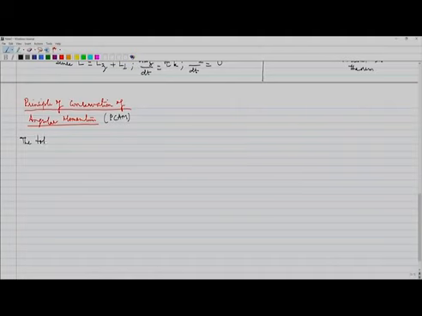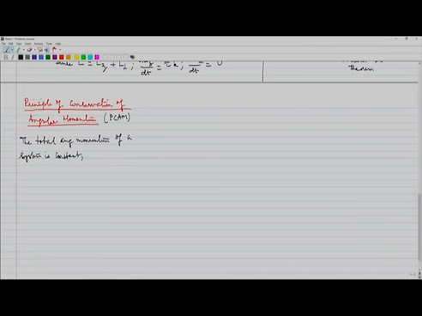The total angular momentum of a system is constant.